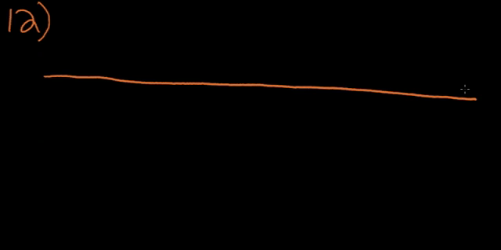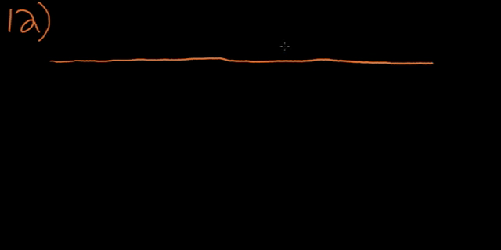Now we do number 12, and I have to draw a number line. Let's make it a bit more straight. Okay. So this point is 0, and then this is 1, and this is x.